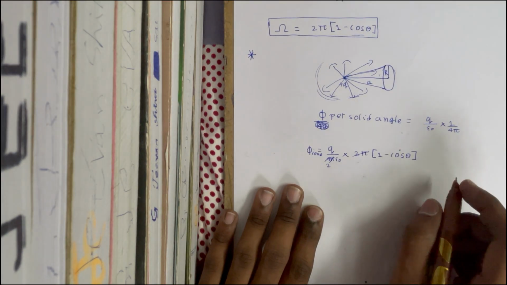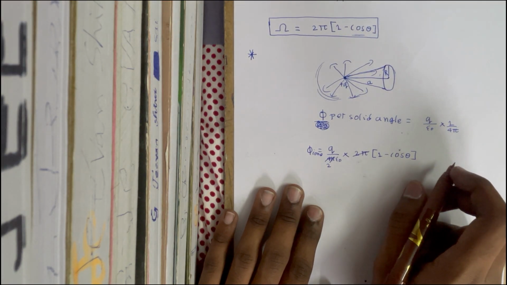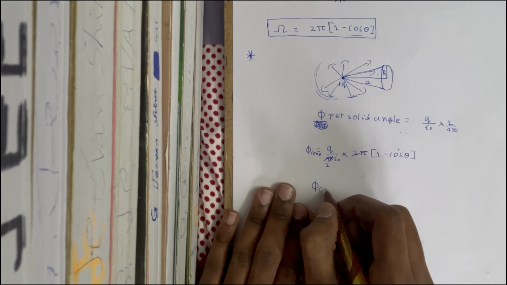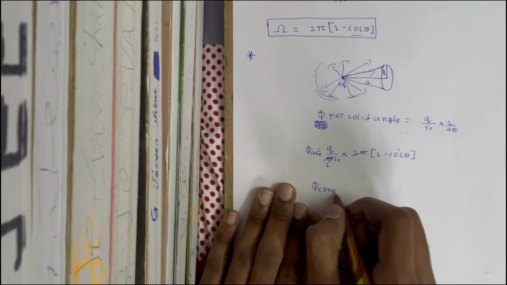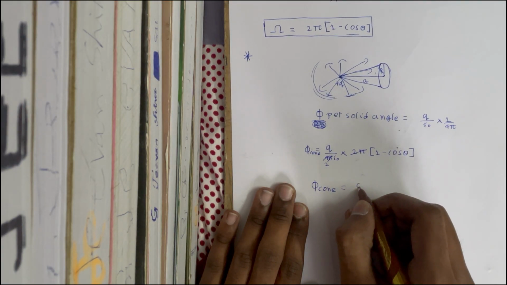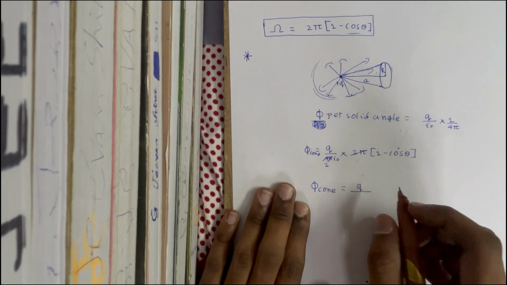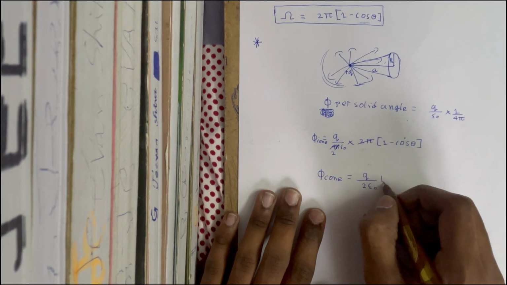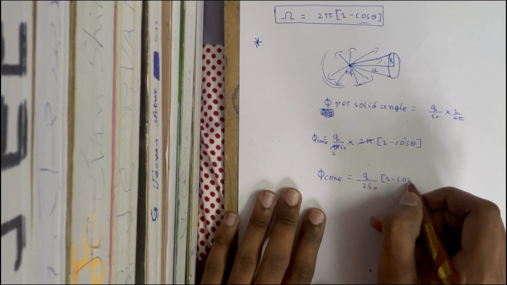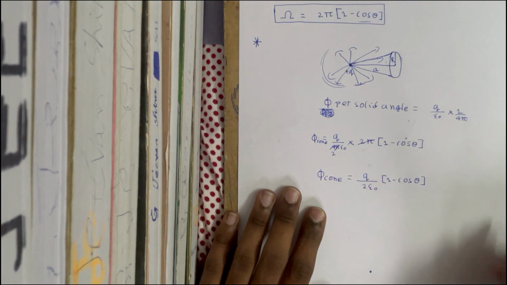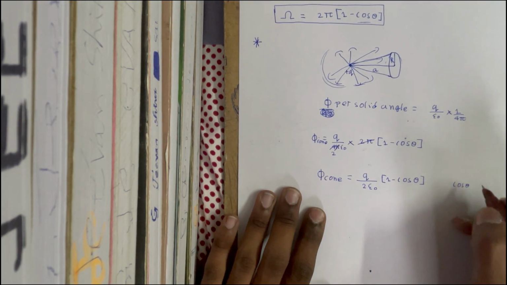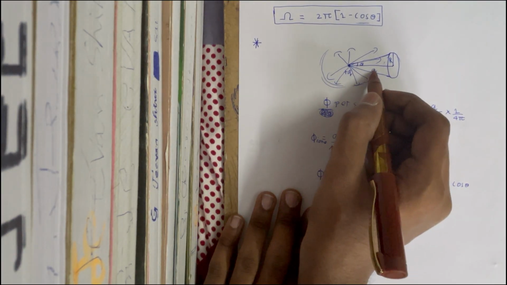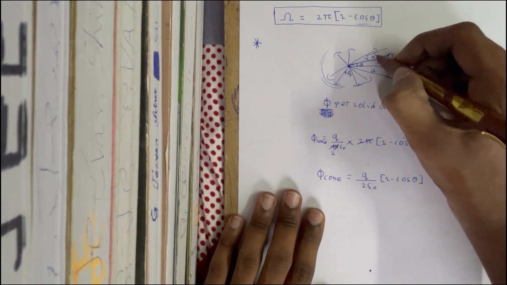So this would result in this solid angle, flux through the cone or the circle will be q by 2 epsilon naught of 1 minus cos theta, where cos theta equals, here this is theta, a by root over a square plus r square.